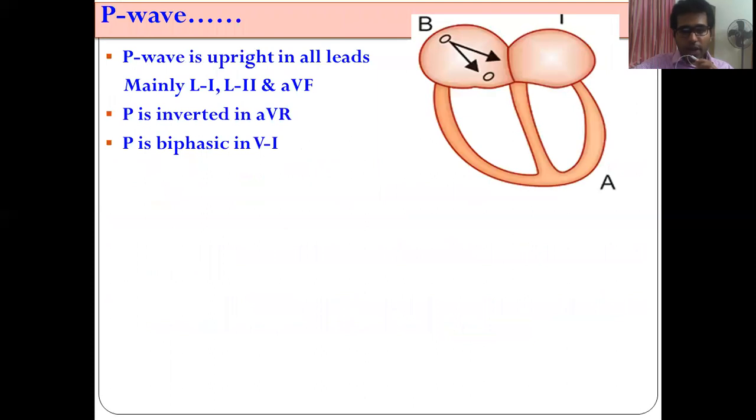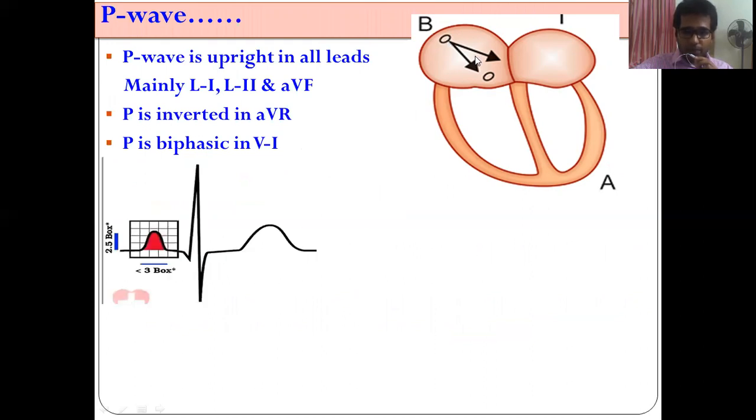Now here you can see the depolarization starts from the SA node, and it first depolarizes the right atrium, and this is the net P vector produced by atrial depolarization. And you can see the direction of this net P vector is towards the lead 2 axis.